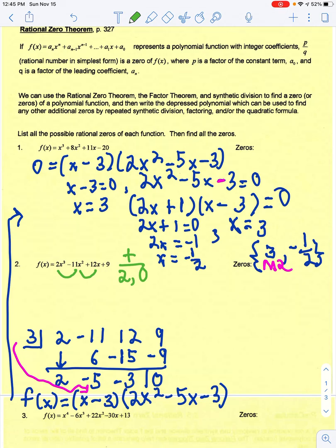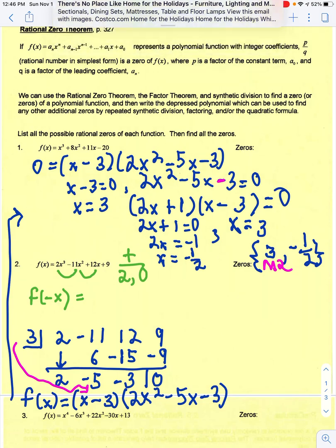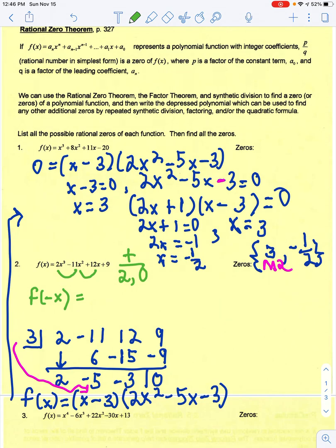Now I have to find f of the opposite of x. Anytime you put in the opposite of x and raise it to an odd degree, that's going to change the sign of your answer and the sign of the term. So for instance, negative x when you cube it is negative x cubed, times 2 makes it negative 2x cubed.